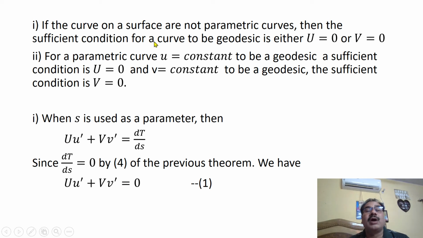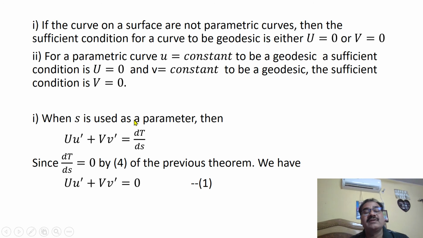If the curves on a surface are not parametric curves, then the sufficient condition for a curve to be a geodesic is either capital U is equal to 0 or capital V is equal to 0. For a parametric curve u equal to constant to be a geodesic, a sufficient condition is capital V is equal to 0, and for v equal to constant to be a geodesic, the sufficient condition is capital U is equal to 0.